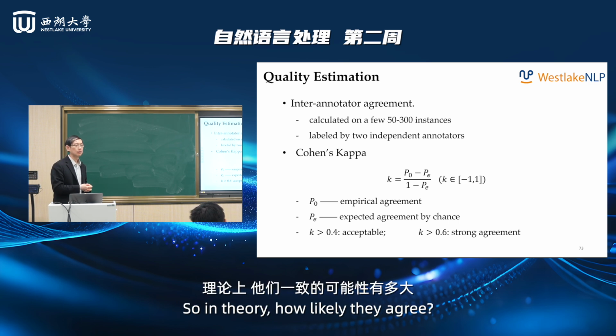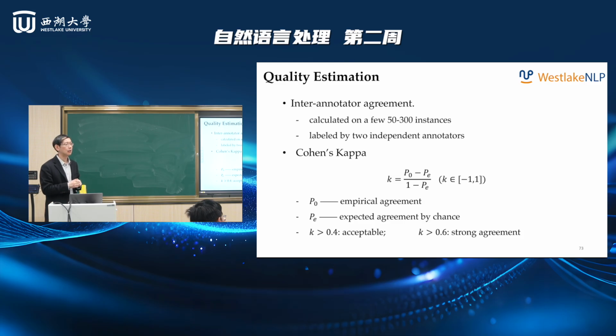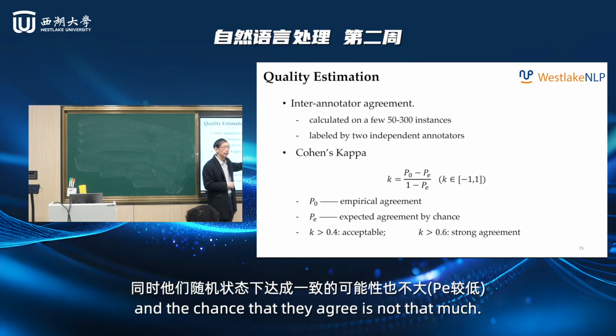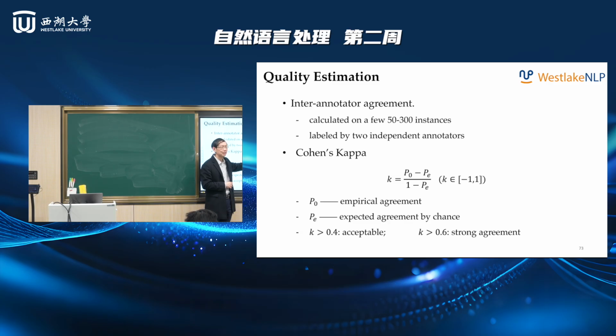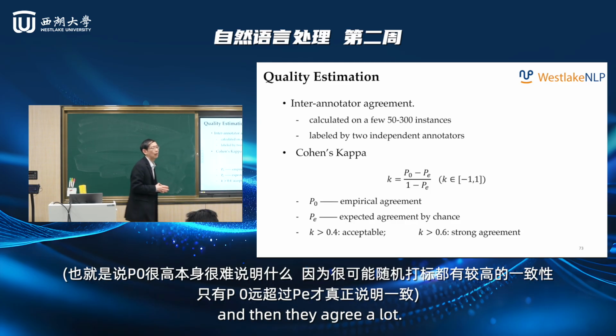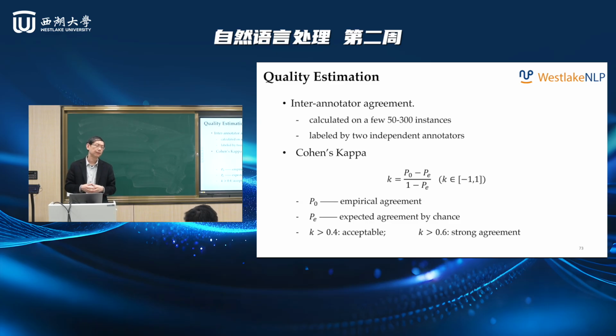So in theory, how likely they agree. The basic idea is if they actually agree a lot, and the chance that they agree is not that much, then this ratio over 1 minus the chance that they agree is big, so they agree a lot.